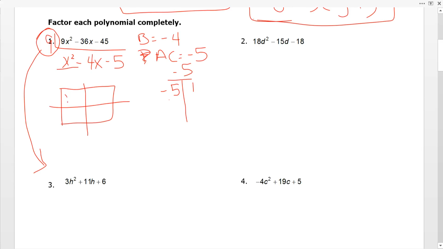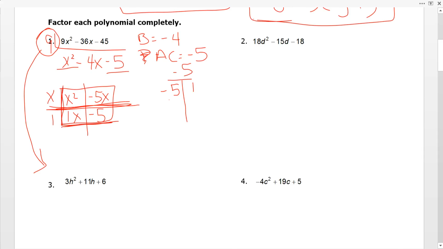So in my box, I'm putting my x squared in the top left, I'm putting my -5 in the bottom right, I'm replacing my 4x with a -5x and a 1x. I'm looking for the greatest common factor in my top row, which is simply x. For my bottom row, there's not anything, so I just write 1.